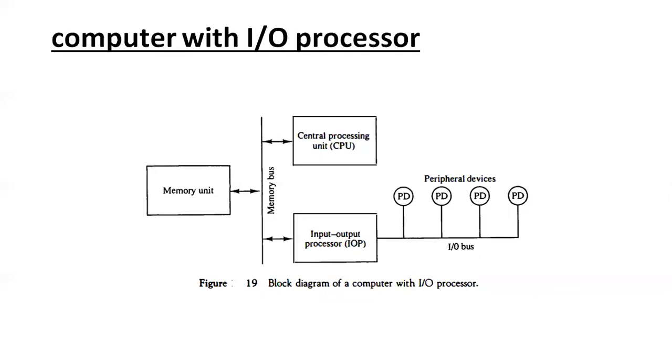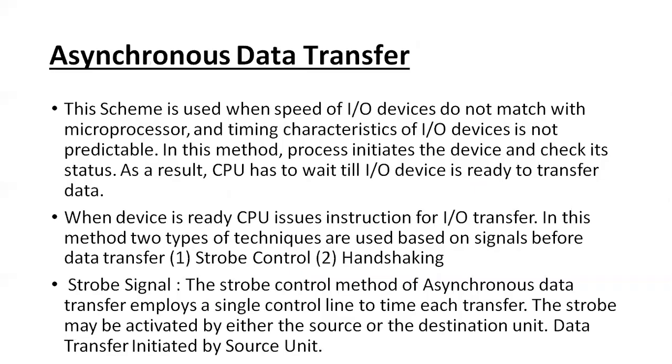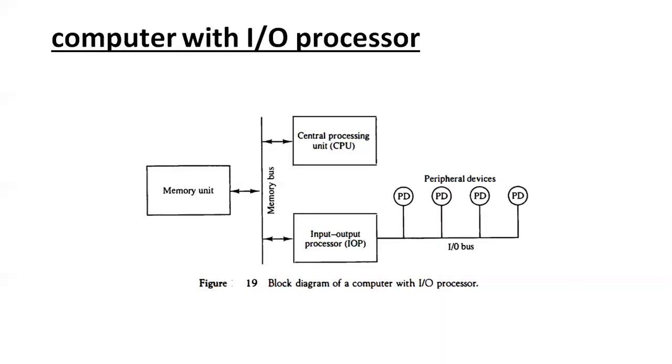The input-output processor is connected with each and every peripheral device. That means the input and output devices are connected with the input-output processor. The input-output processor simply controls the activities or data transmission of peripheral devices using the I/O bus.